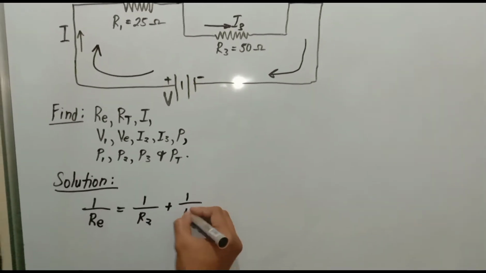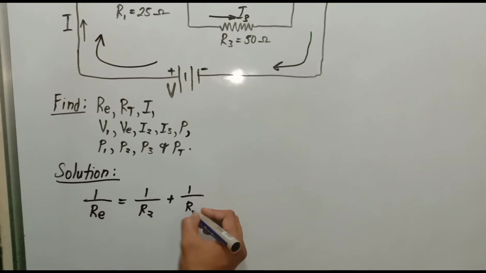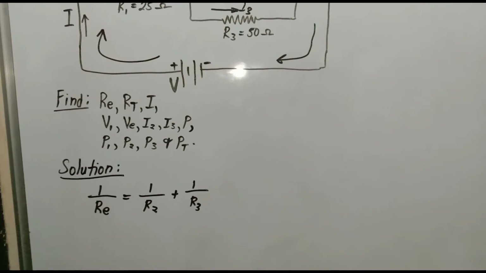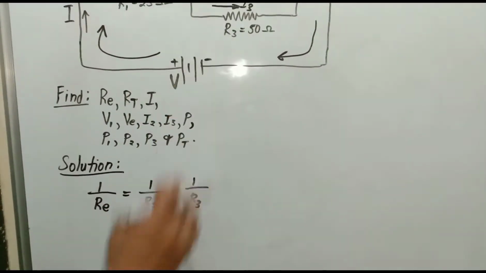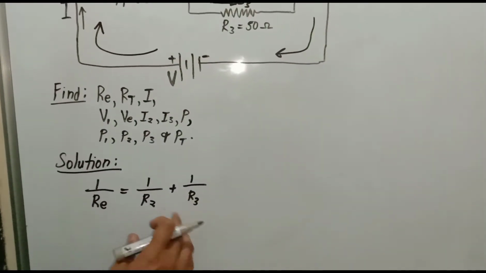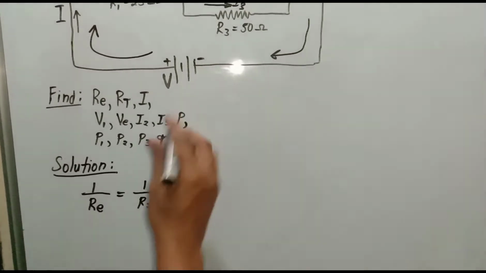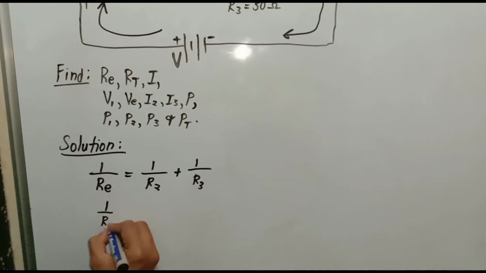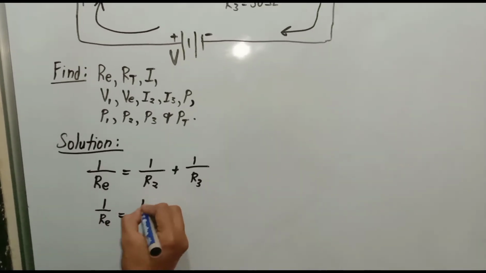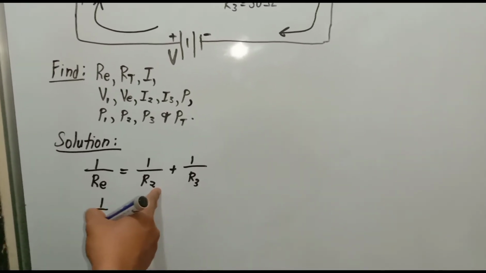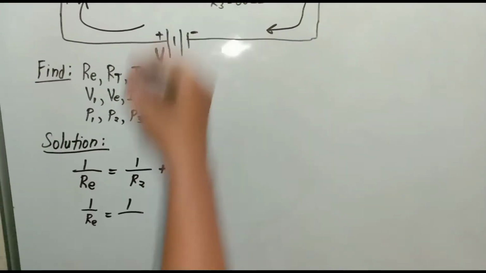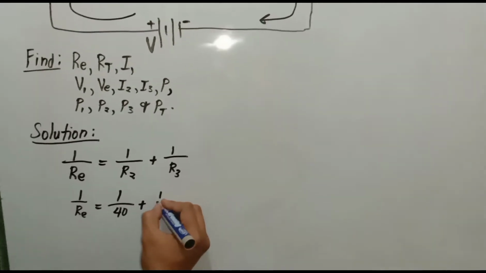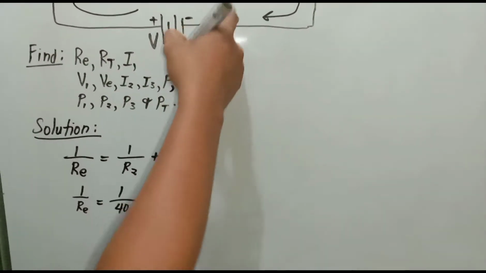Substituting the values: how much is resistor R2? 40 ohms. Plus 1 over R3. How much is R3? 50 ohms.